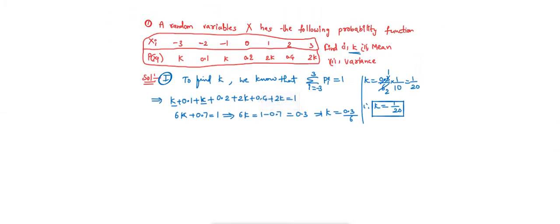Next, the second one is to find the mean. The formula of the mean, denoted by mu, is mu equal to sigma pi xi, for i equal to minus 3 to 3.